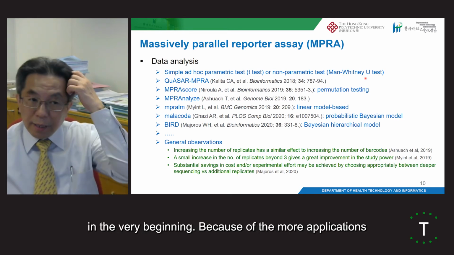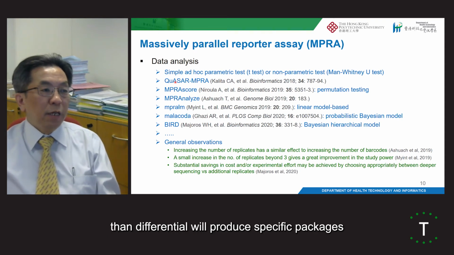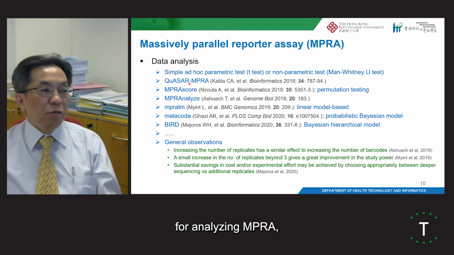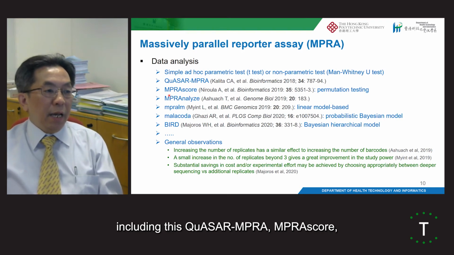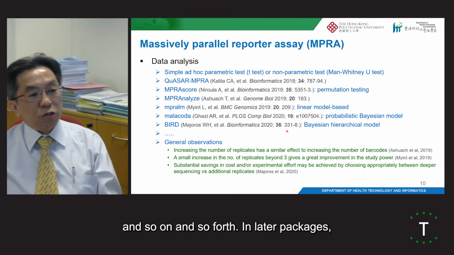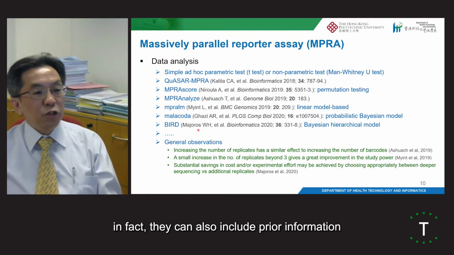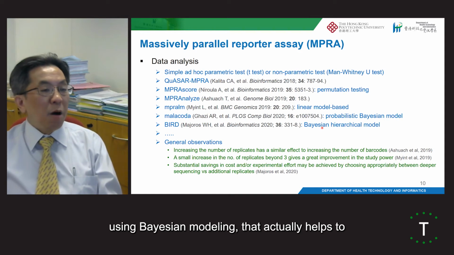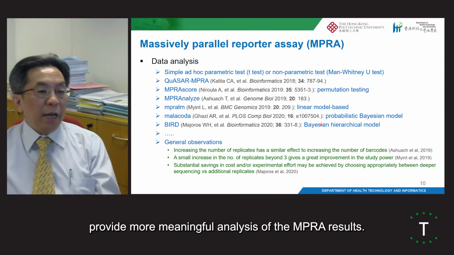And because of more applications, different research groups produced specific packages for analyzing MPRA, including QuASAR-MPRA, MPRA score, and so forth. In later packages, they can also include prior information using Bayesian modeling that helps to provide more meaningful analysis of the MPRA results.